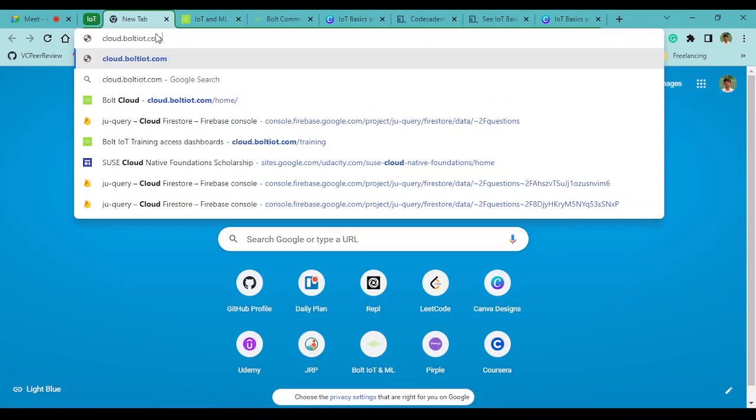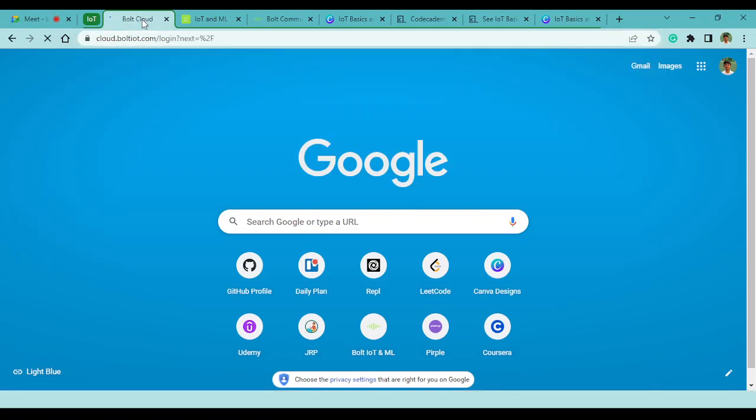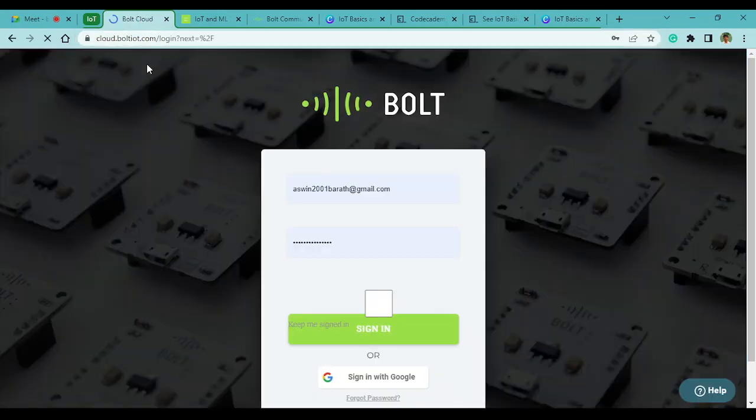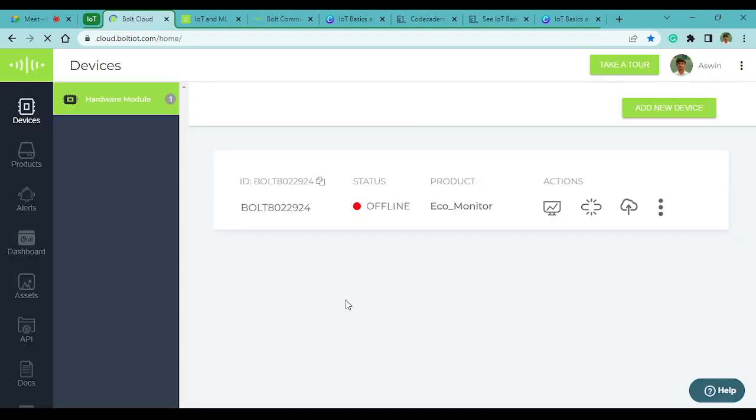Why this cloud is powerful is that, let's say you have multiple modules, 2, 3, 4 modules under the same project. You can connect all of these devices in this single place and use the same platform again and again.